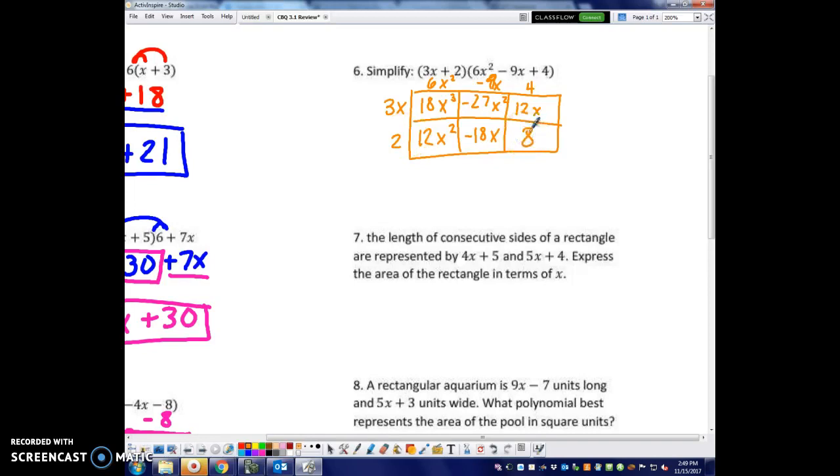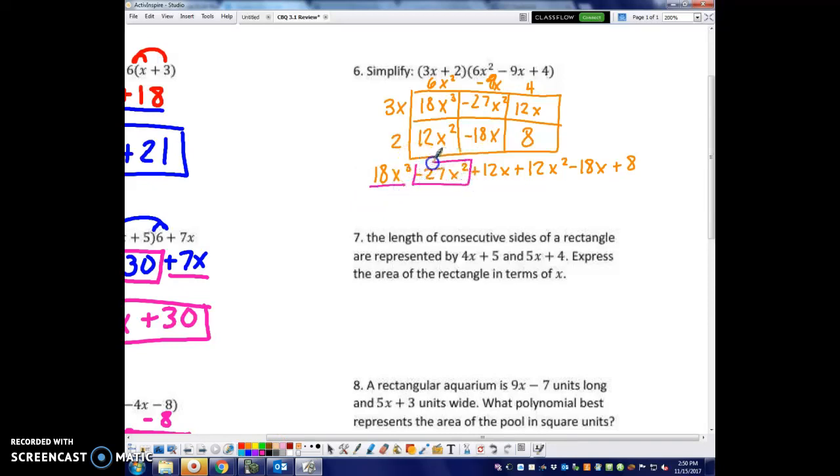Okay, so let's write it out. 18x to the third minus 27x squared plus 12x plus 12x squared, don't forget about your exponents, minus 18x plus 8. All right, so next step is to combine like terms. There's 1x to the third.